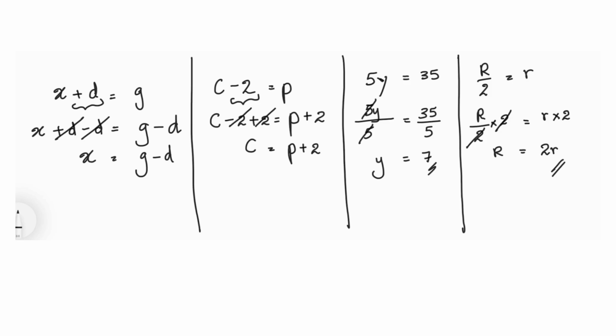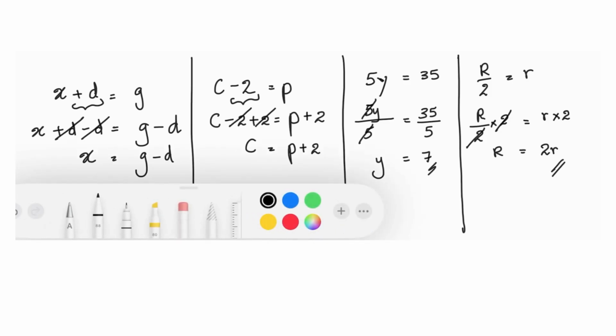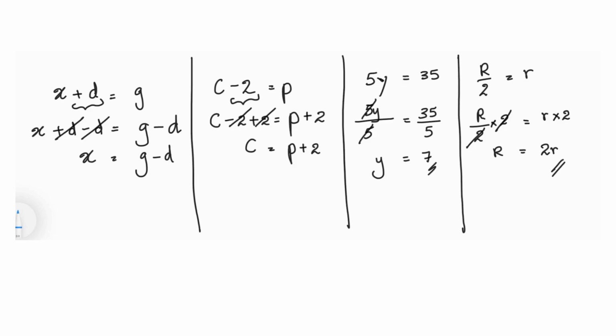So one thing you can understand here, let me change the color of my pen. Can you see in all of these places, if you have a plus d, when you want to get rid of it, you write minus d. If you have a minus 2, if you want to get rid of that minus 2, you bring it to the other side as a plus 2.